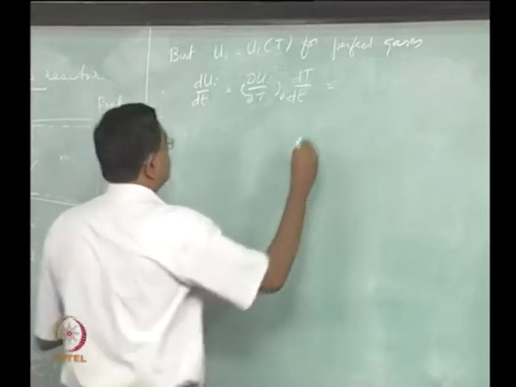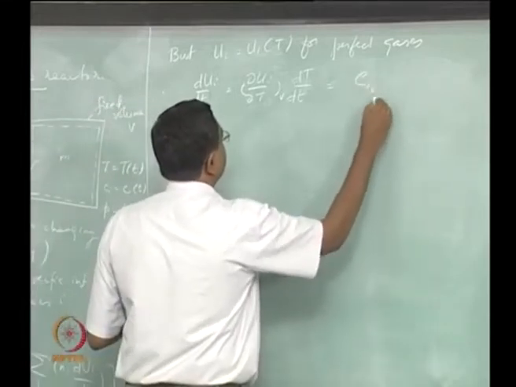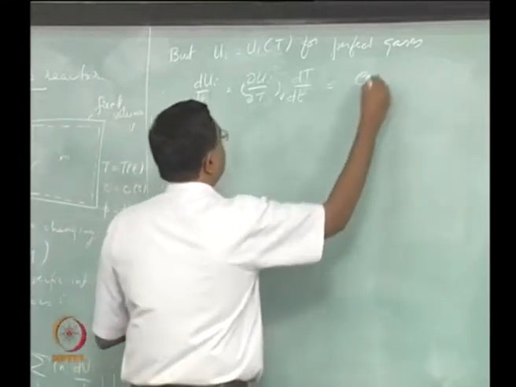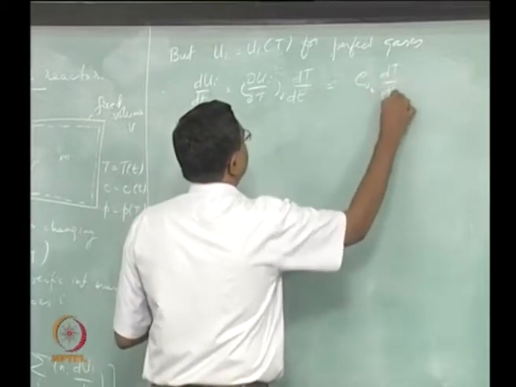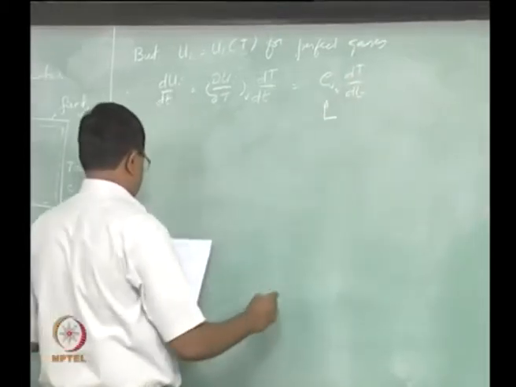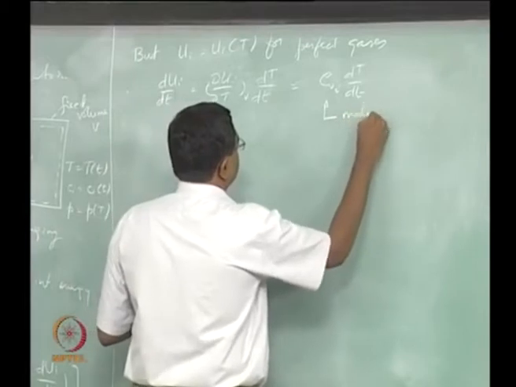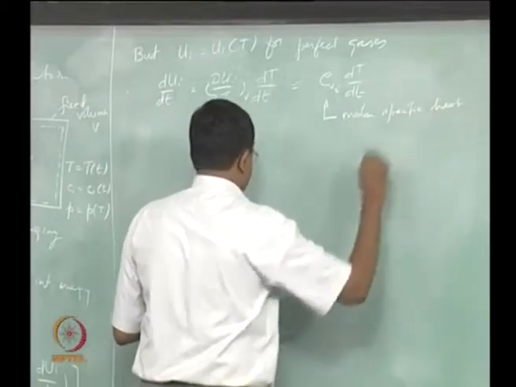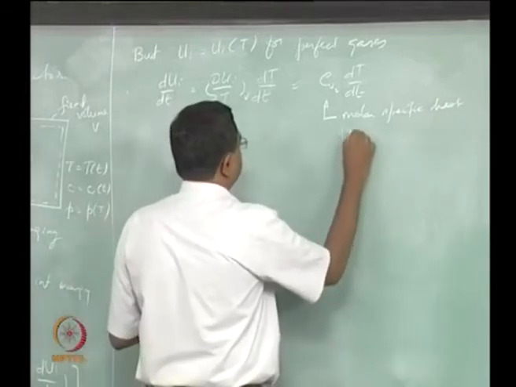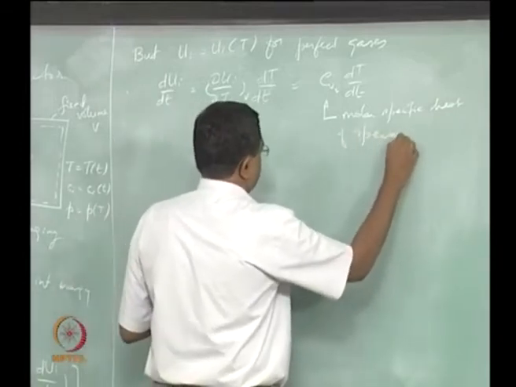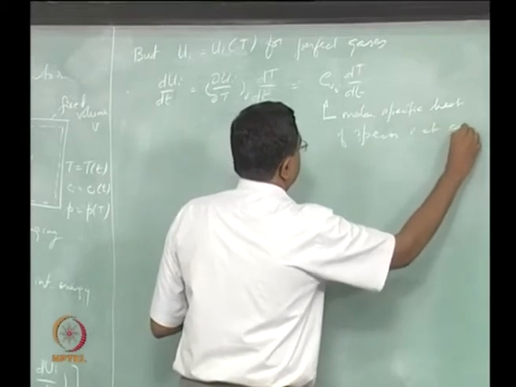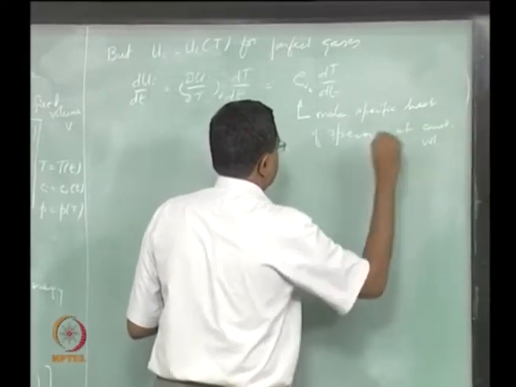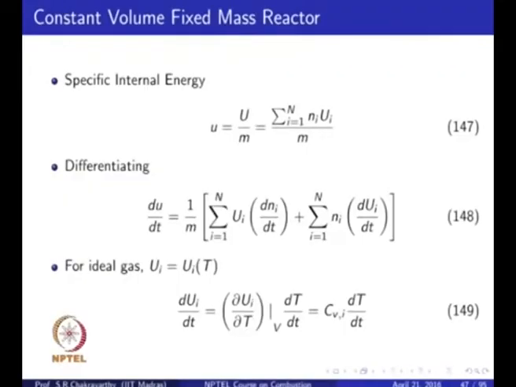Now this is equal to capital Cvi dT over dt, where Cvi is the molar specific heat of species i at constant volume.